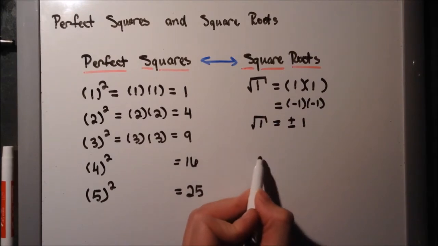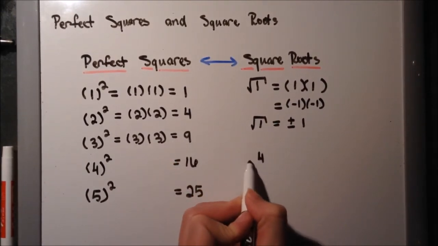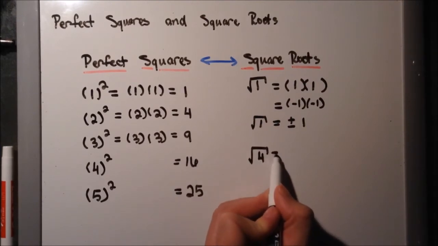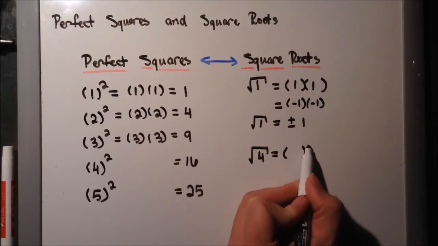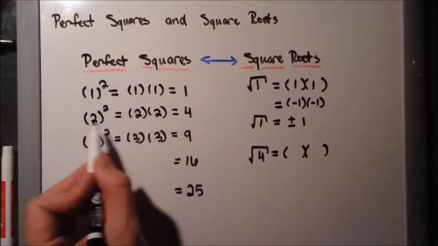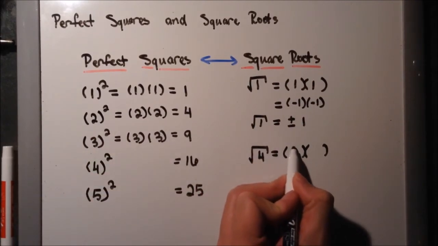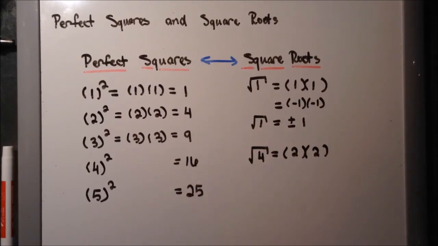So let me do the square root of 4. Again, you have to think of a number times itself twice that will equal 4. For sure, we know that positive 2 times positive 2 will equal 4.